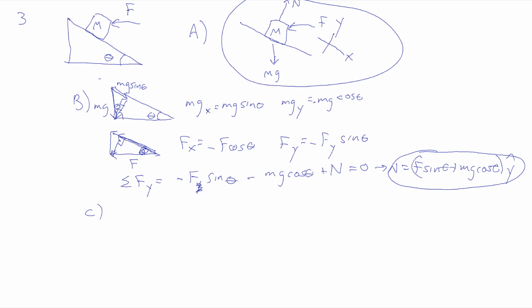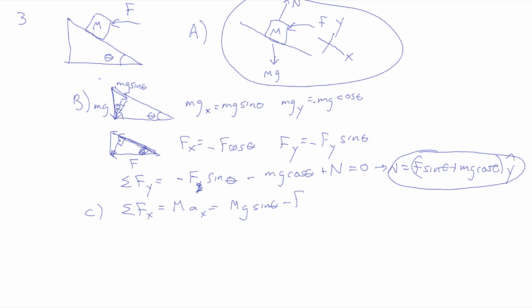C asks you to find the acceleration of the block along the incline. Well, I also have my sum of the forces in the x direction equation. That'll give me the mass times the acceleration in the x direction. So I look at my components of the various vectors and I see gravity gives me a component in the x direction of mg sine theta. Normal force has no component in the x direction, but my pushing force does.